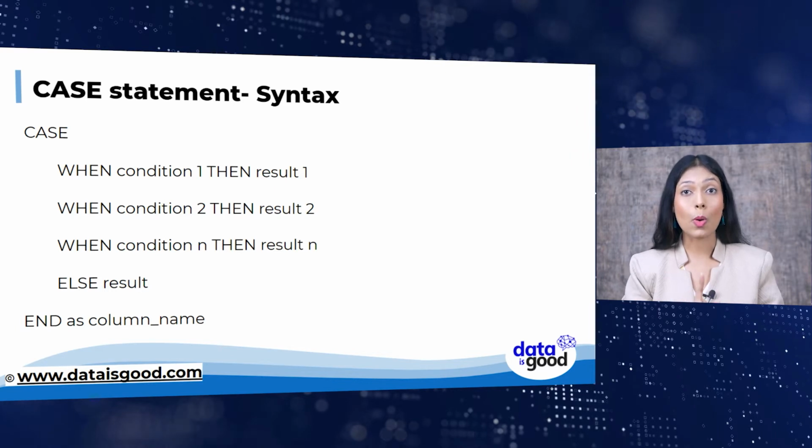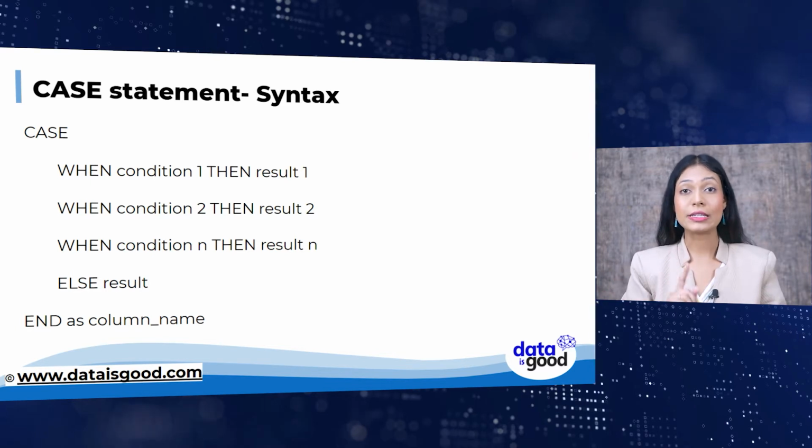If condition 1 is false, then we write another when statement and provide the second condition, and the result for that is provided after then. In this way, we can specify multiple conditions. If our final condition, condition n, is true, then we provide the result n, and if that is false, then all of the when statements are false.